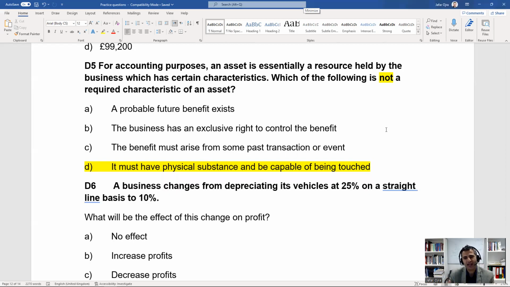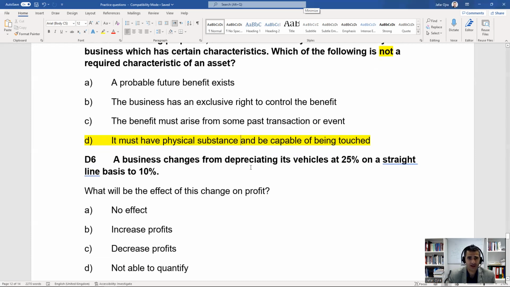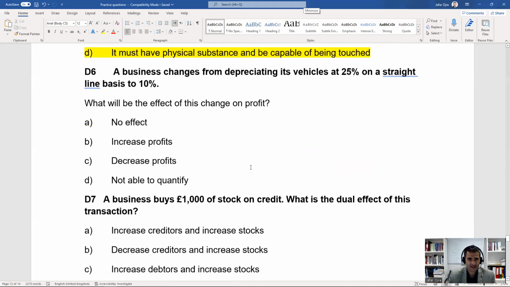Intangible means cannot be touched. We talk about copyrights, trademarks, and patents, all these types of things, and those can of course be untouched. And that is D5. It's D. It is not a required characteristic of an asset.